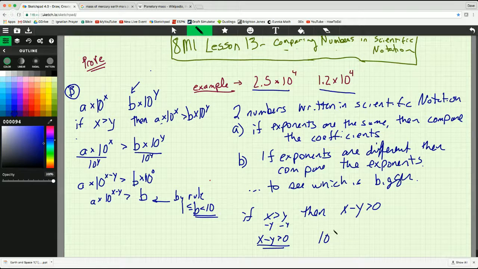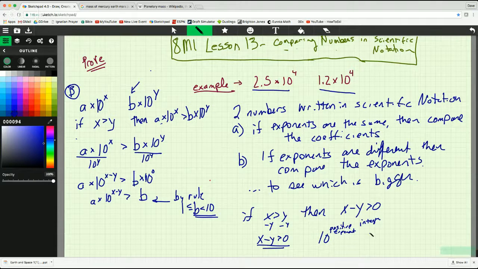that number's positive. So 10 to any positive exponent, and it's an integer. It's not only a positive exponent, but it's a positive integer.